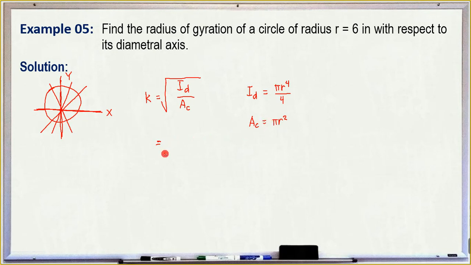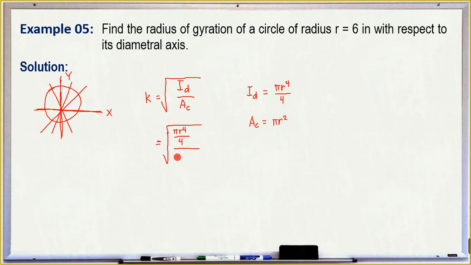Next, we substitute into the equation. So Ix is pi r to the 4 all over 4. Again, if you want to know the derivation of the moment of inertia for a circle along the diametral axis, you can watch the previous video.